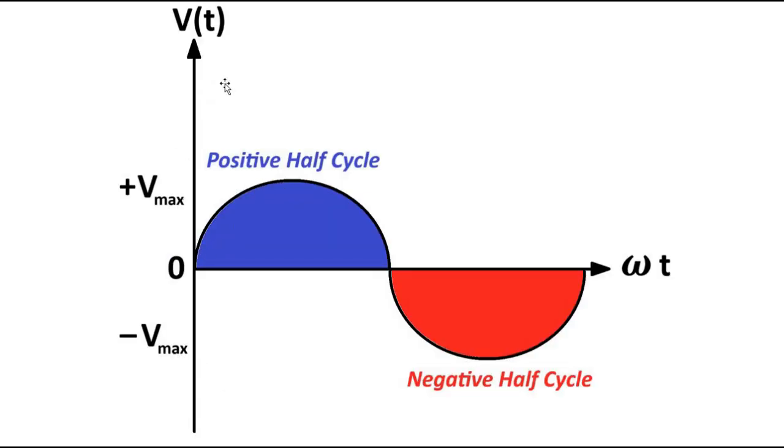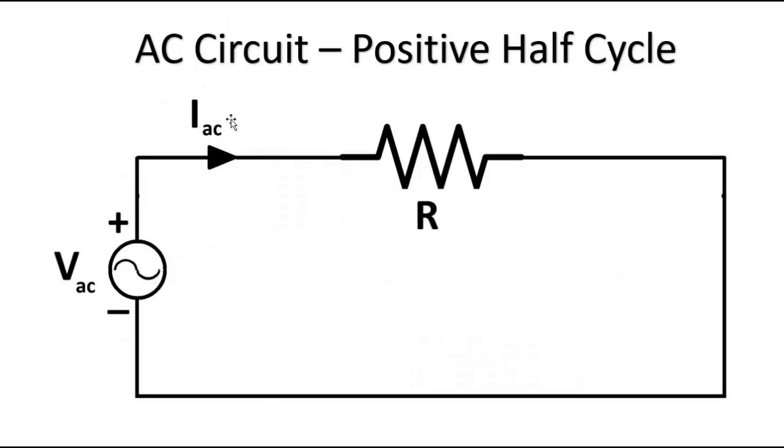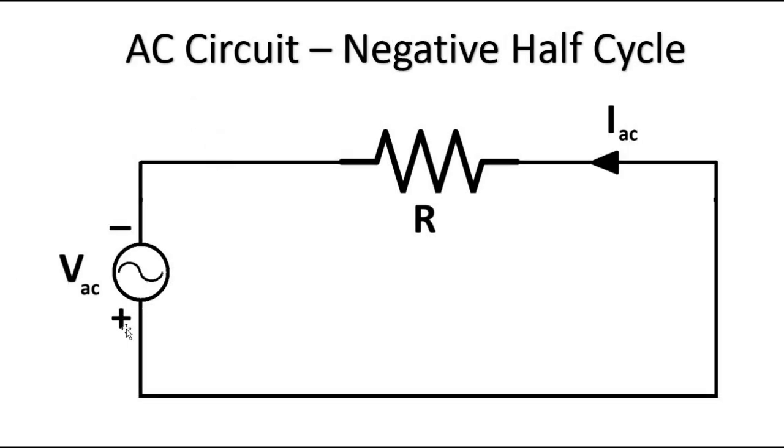So an AC waveform consists of two half cycles, the positive half cycle and the negative half cycle. During the positive half cycle, this is plus, this is minus, and current flows in this direction. During the negative half cycle, the lower one is plus, the upper one is minus, and the current flows in the opposite direction.